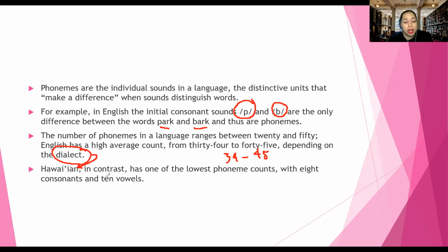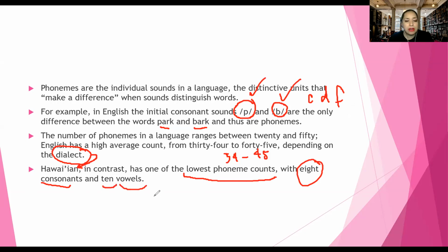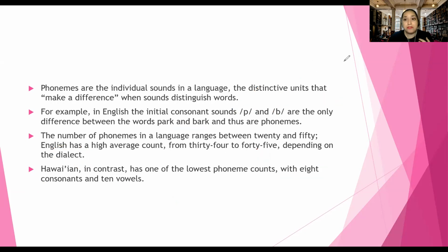So they do have just very few phonemes in the way they speak English, which is really very nice. It has only about 8 consonants. Remember that consonants are like P, like B, like C, D, F, all of those. And 10 different sounds for the vowels, the vowels A, E, I, O, U, right? All right, so it's supposed to not be very complicated.